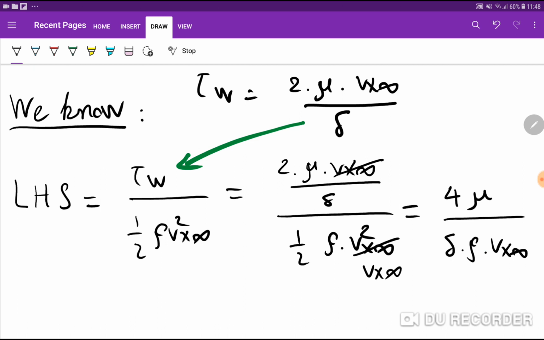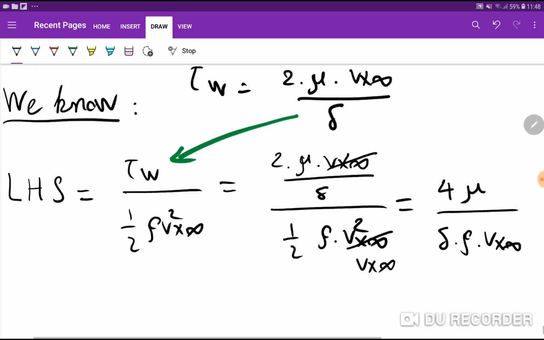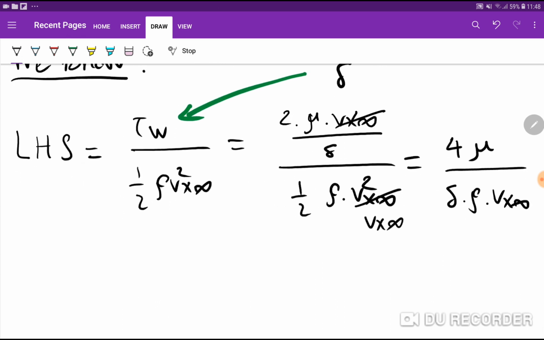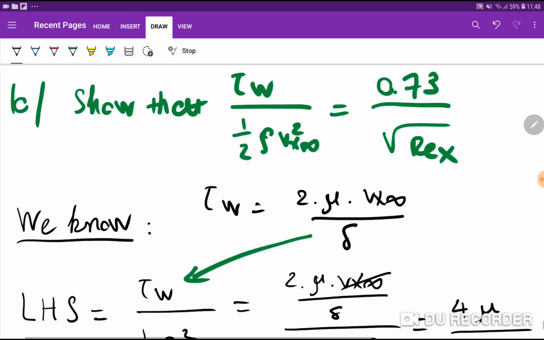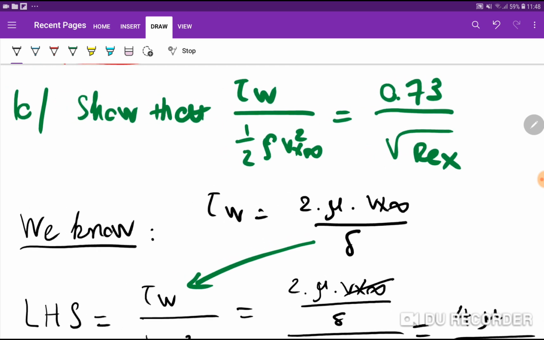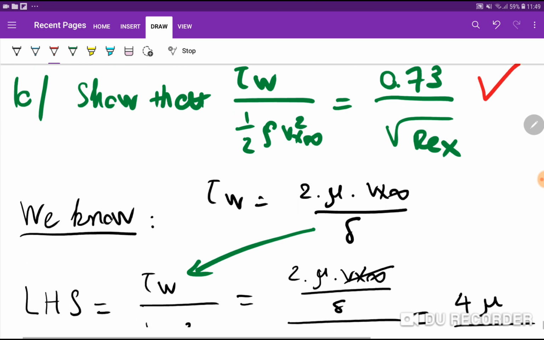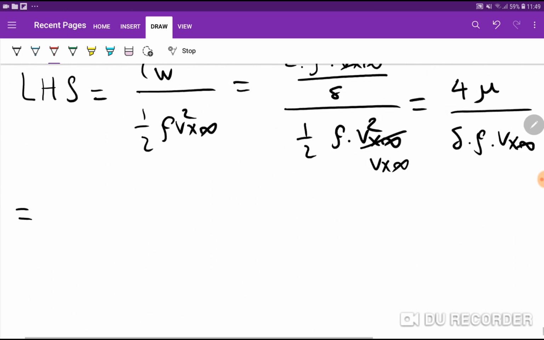Here is where it gets interesting. We need to do some manipulation. We have to make the Reynolds number appear. Remember, that's the goal. Our final result on the right just contains a number and the Reynolds number, Rex. So let me divide both sides by mu.